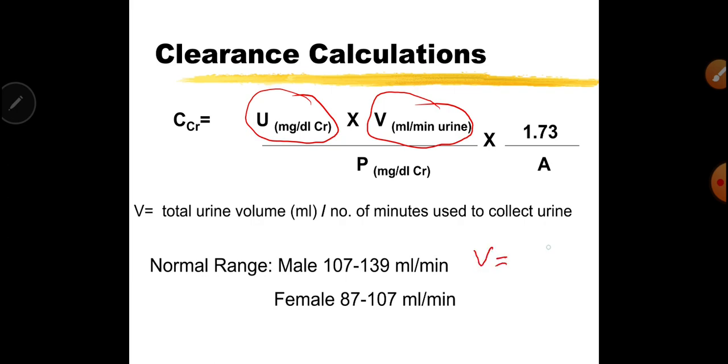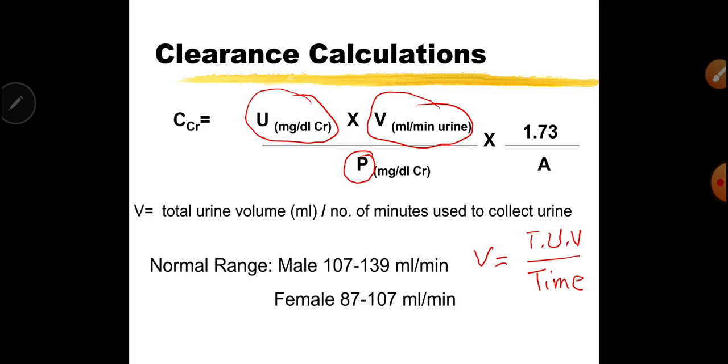V is equal to the total urine volume divided by the time for collection. So if we use this formula, we can calculate V. B is the creatinine concentration in plasma or blood. So these three parameters can be measured to calculate creatinine clearance to evaluate the glomerular filtration process.